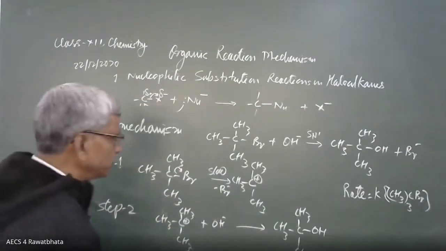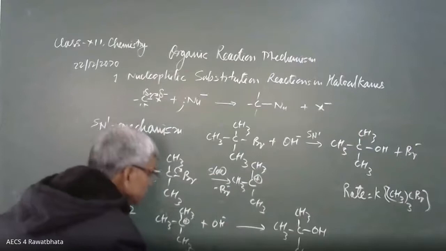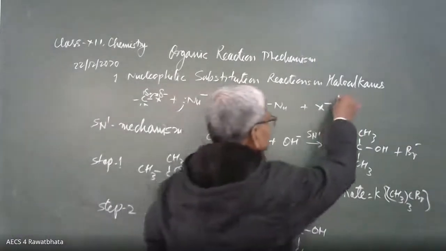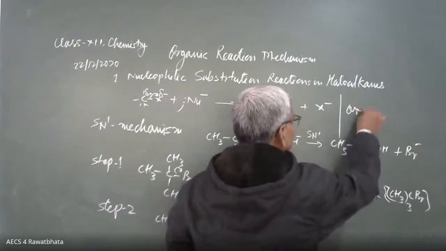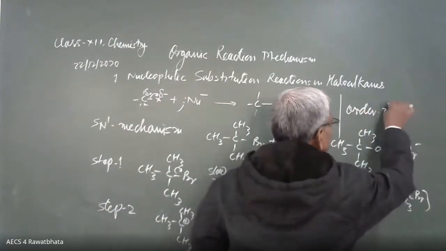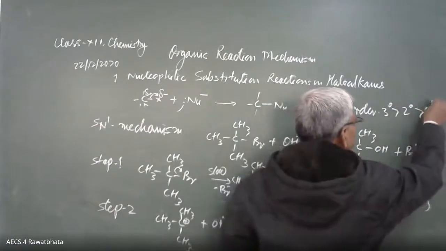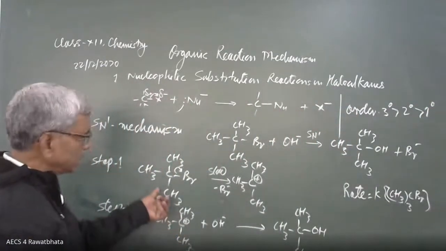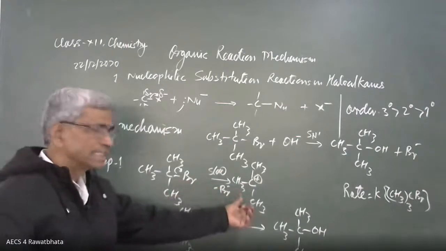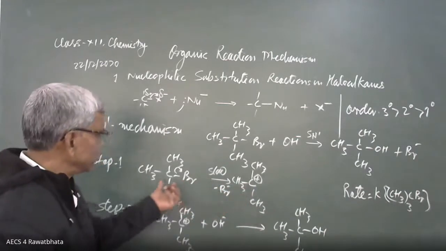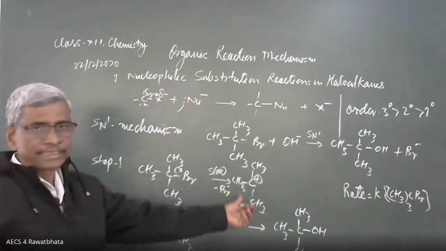The order of reactivity of haloalkanes, in this case, will be 3 degree greater than 2 degree greater than 1 degree. The reason is quite clear. 3 degree haloalkane forms a more stable carbocation. That's why it follows the SN1 mechanism.